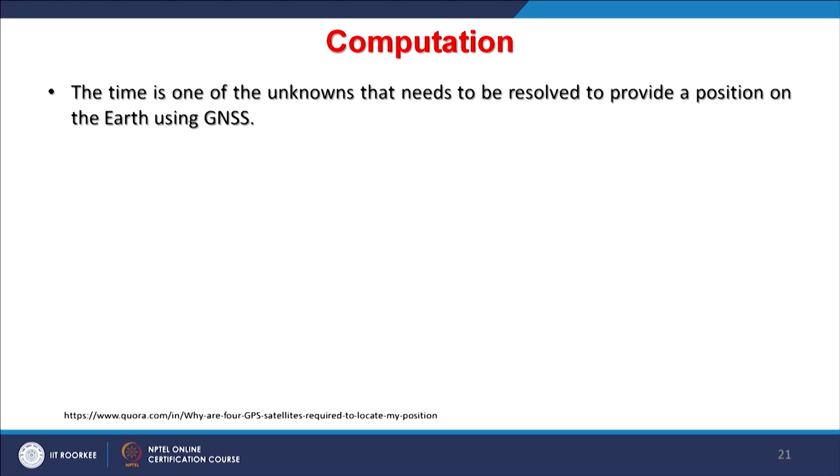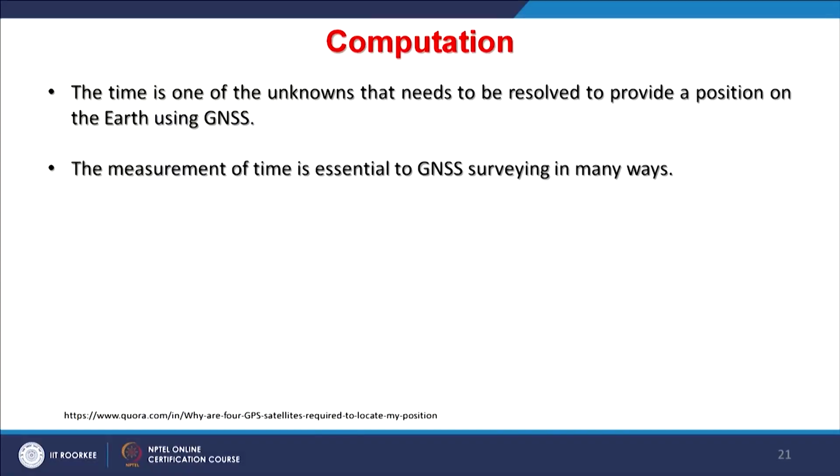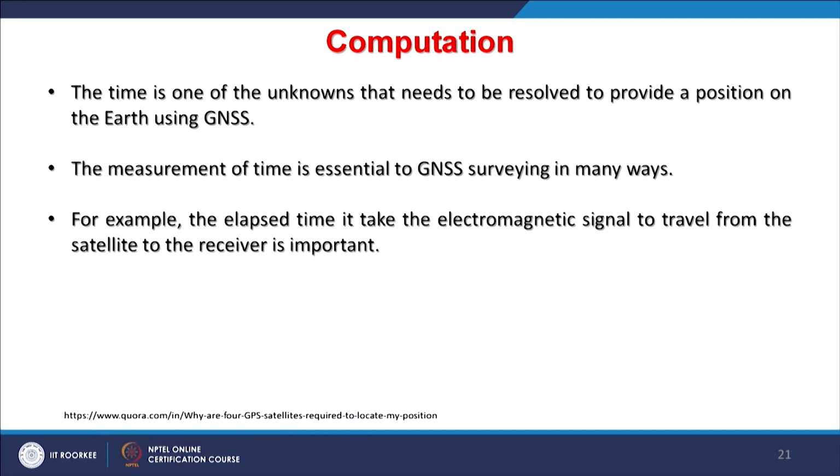Time is one of the unknowns that need to be resolved to provide a position on the Earth using GNSS. And that is the first thing attempted when computation starts. Measurement of time is essential to GNSS surveying in many ways.